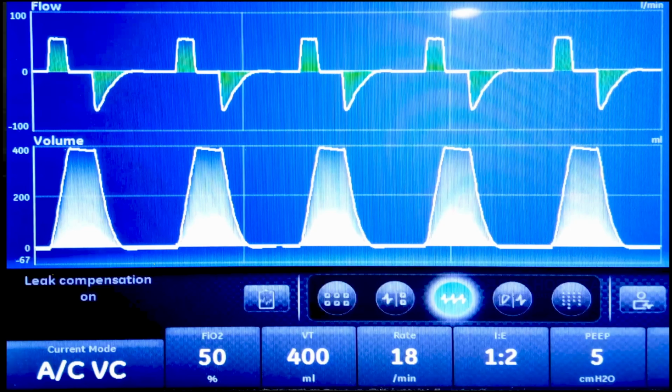Now, this is a typical example. I have purposefully eliminated the pressure scalar on this. I'm sure the next speaker will talk about it, but the whole idea was to concentrate more on the volume and the flow time curve. This is how a volume control ventilation flow scalar and volume scalar would look. As you can see here, this needs no explanation, but if you look at the flow time scalar, you see that there is an inspiratory flow plateau, then there is a cutoff, and there is a gap.